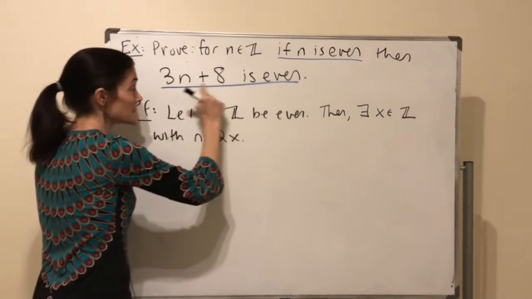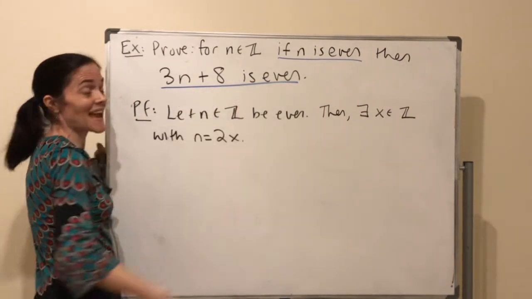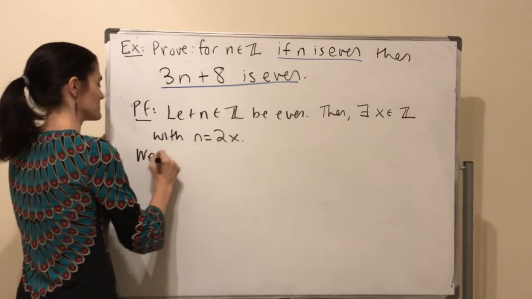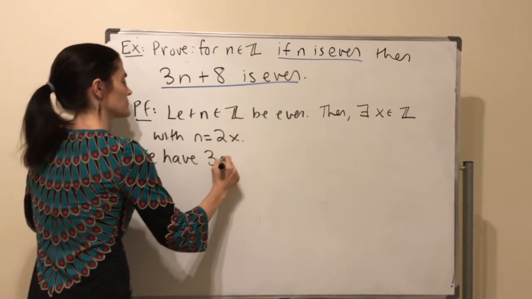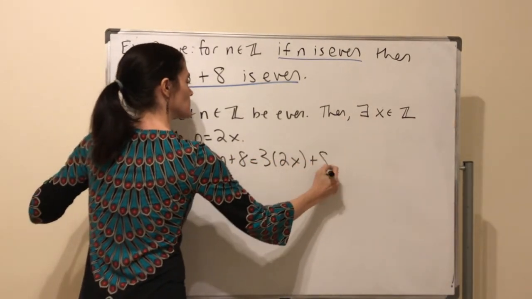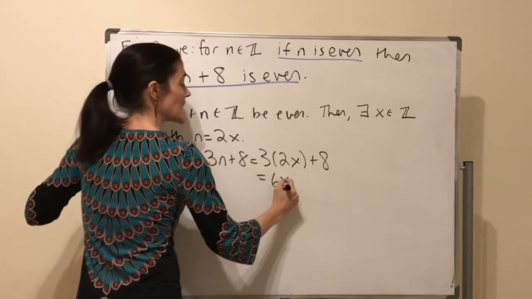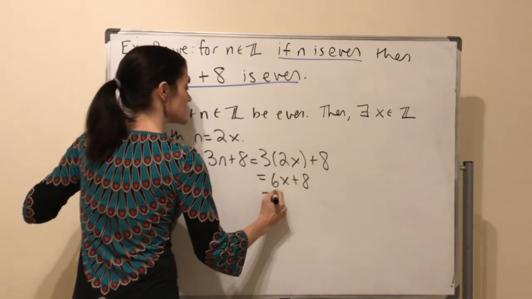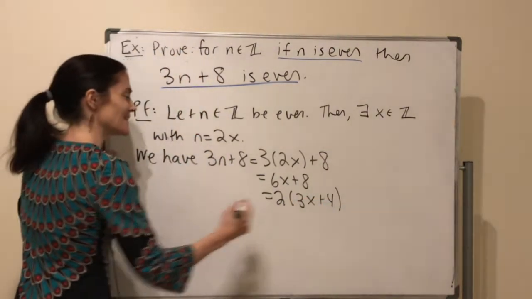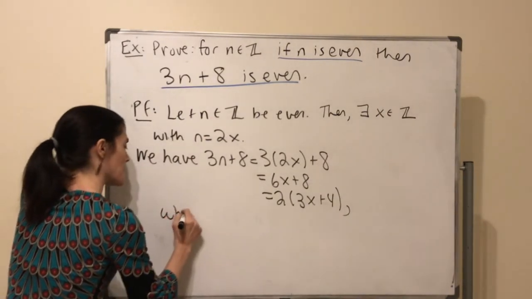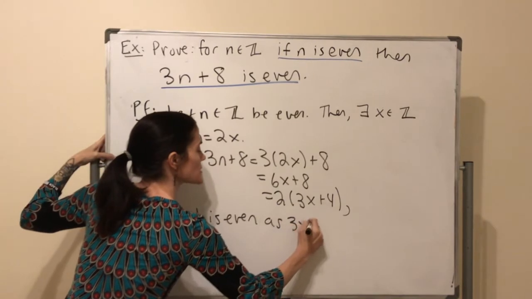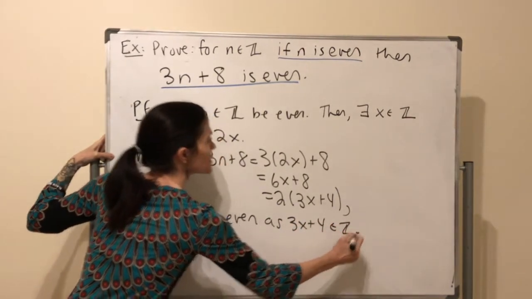I'm trying to show this is even, so I want 3n plus 8 as 2 times an integer. This is 6x plus 8, which is 2 times 3x plus 4, which is even as 3x plus 4 is an integer.